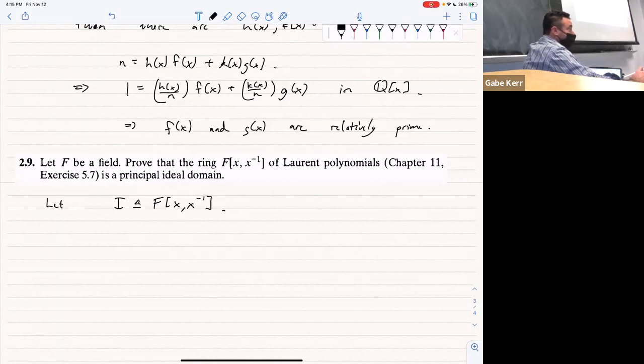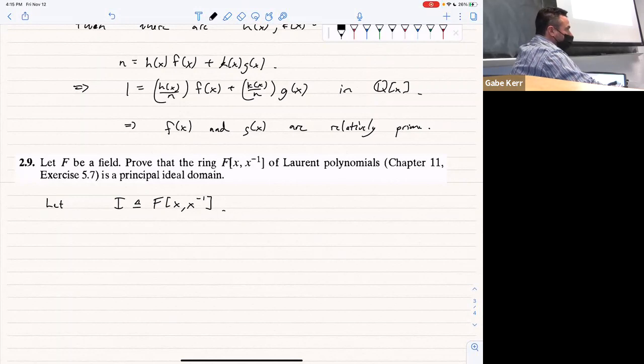Those aren't domains, well, unless they're fields. So what else? What's an example of a PID we just looked at?